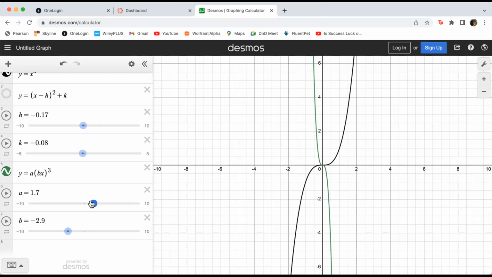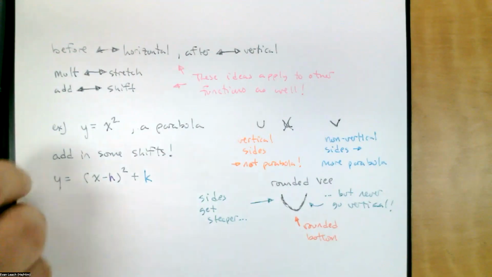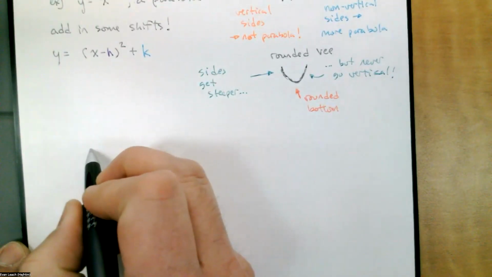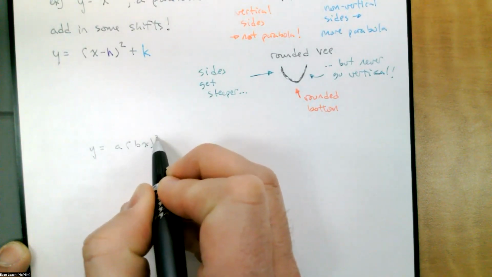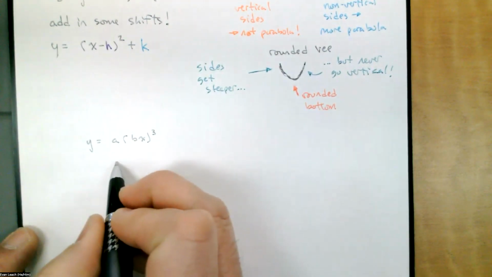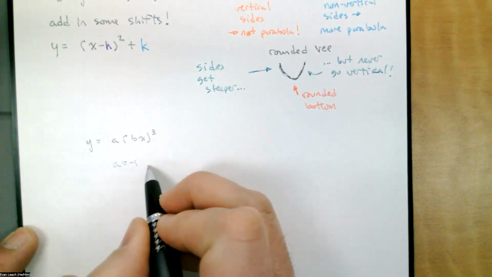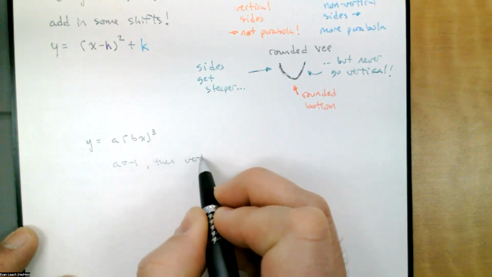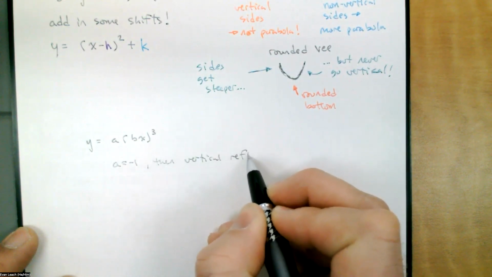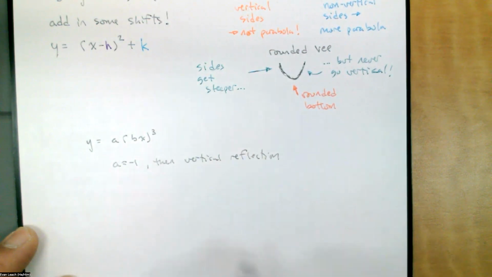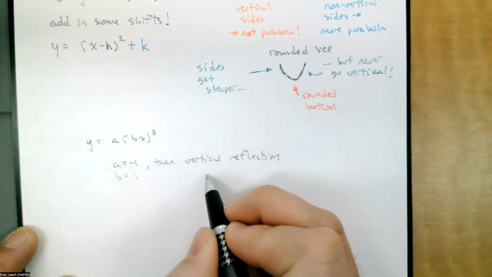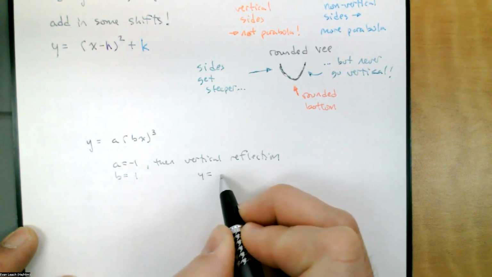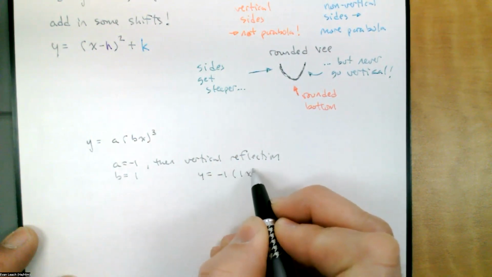Because it's all multiplication. If I make B negative, let's switch over to the writing. If we look at our function, y is equal to a times b x to the third. If a is -1 and b is +1, then we get this vertical reflection, because our graph looks like y equals a times b x.